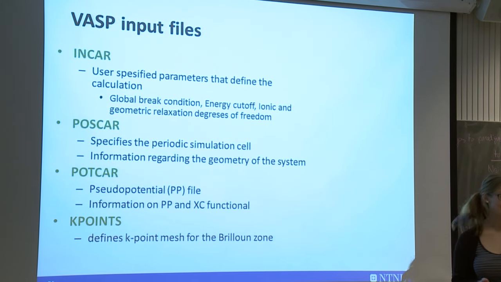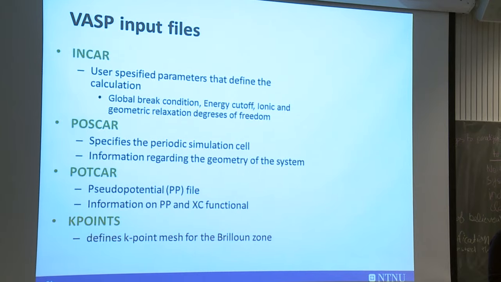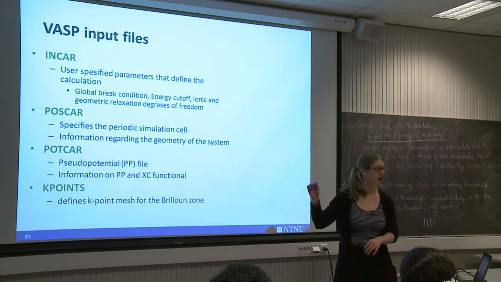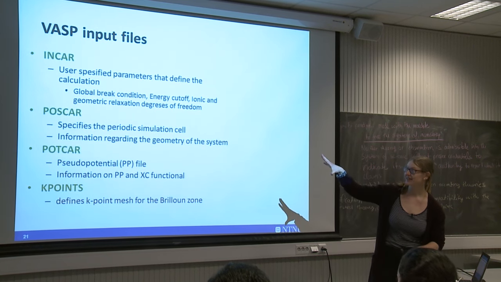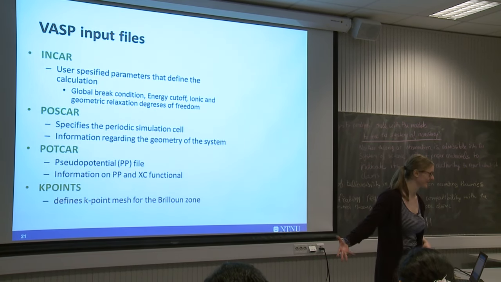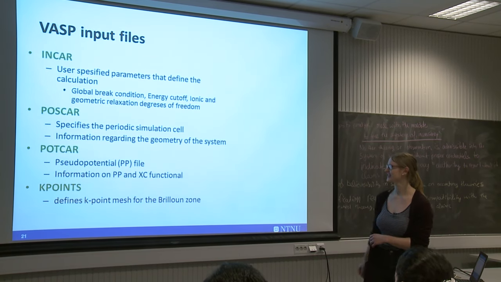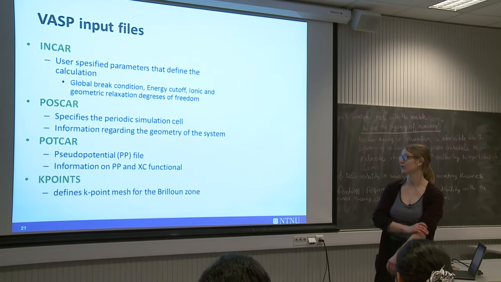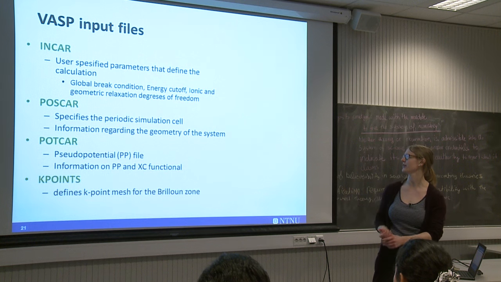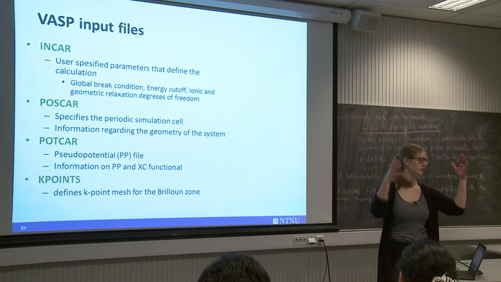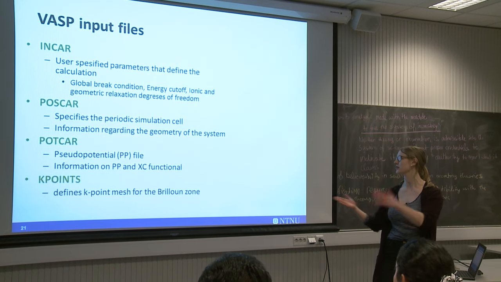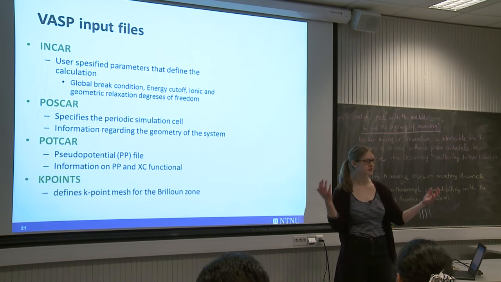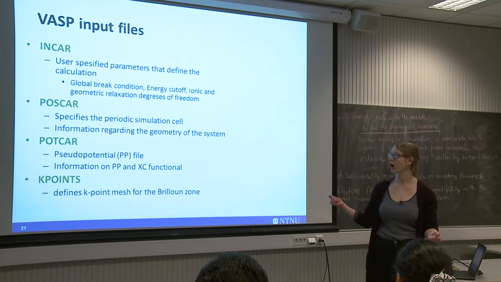Anyway, we have the INCAR, which includes inputs. That defines your setup in terms of user-specified parameters, for example, global break condition, energy cutoff, degrees of freedom for the ions, and so on.